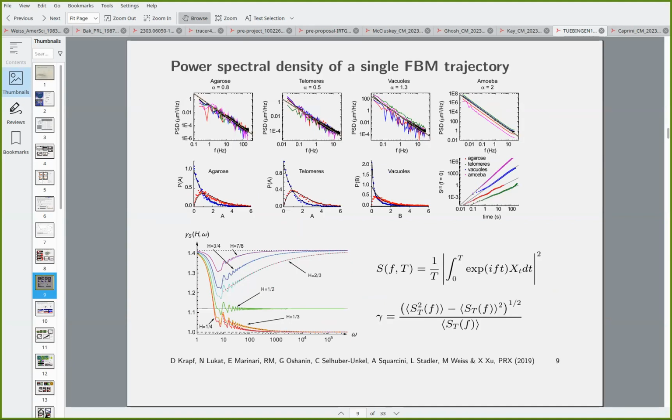So this is quickly a recap of what Gleb showed us about the power spectrum. The only thing I want to flash up here is that when you look at these distributions of amplitudes of individual power spectra for individual trajectories, they're stochastic, so they fluctuate in amplitude, and we can calculate the amplitude distribution here in 1 and 2 dimensions. The red one is always 2 dimensions, and the blue, that Gleb also showed, is the 1 dimension. And it's extremely sensitive.